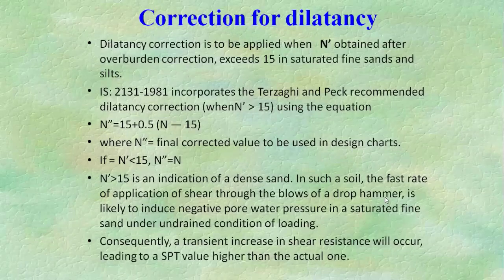The corrected penetration number is N dash equal to 15 plus 0.5 times (N minus 15), where N is the recorded value and N dash is the corrected value. If N is less than or equal to 15, then N dash is equal to N.